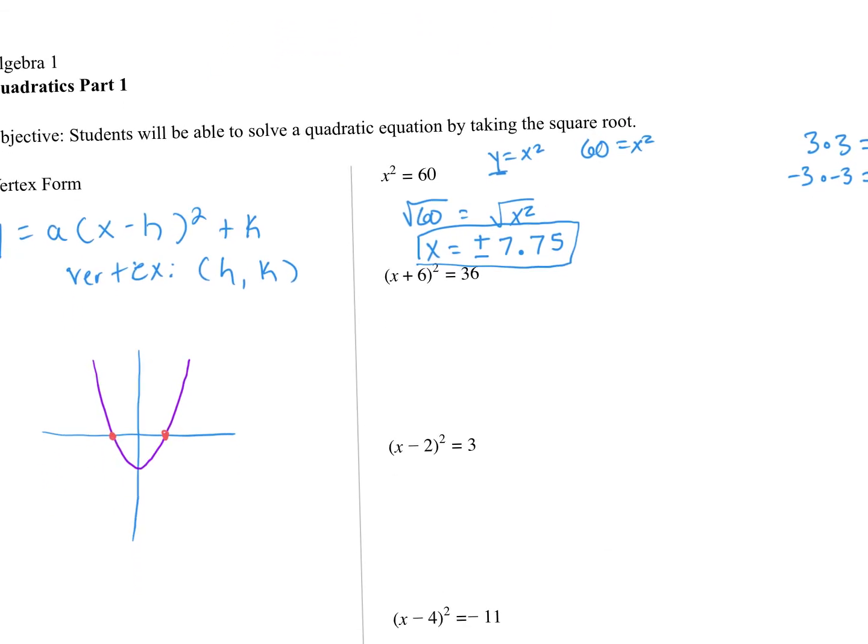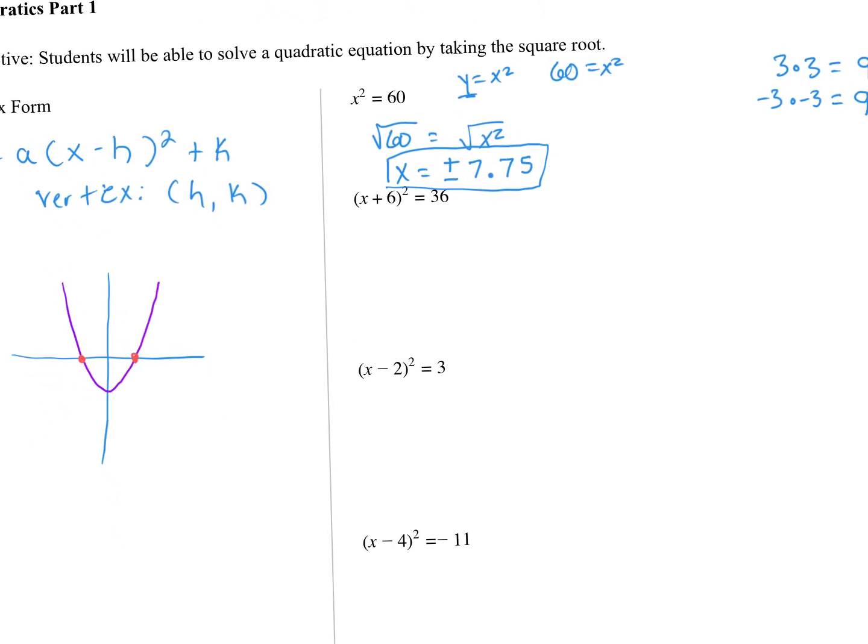So let's look at the next one. We have x plus 6 squared equals 36. First things first, I want to take the square root of both sides in order to get rid of this squared here.